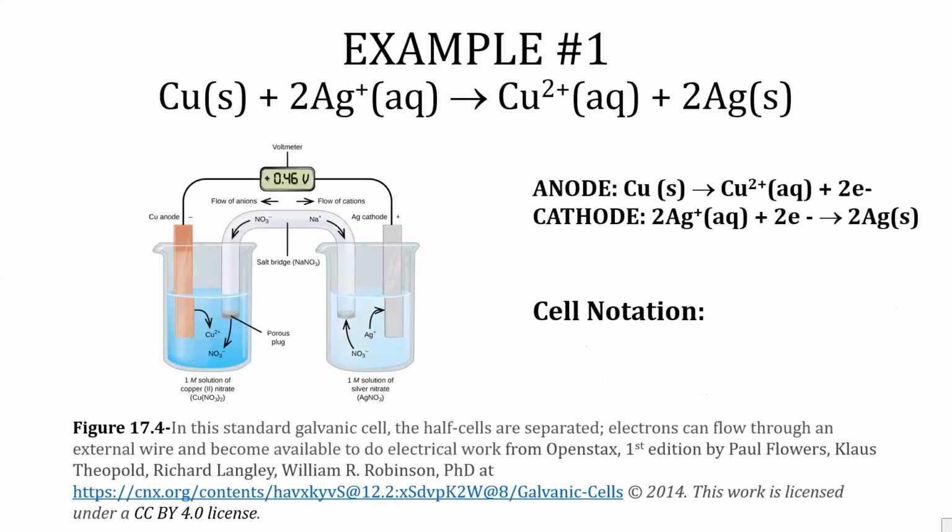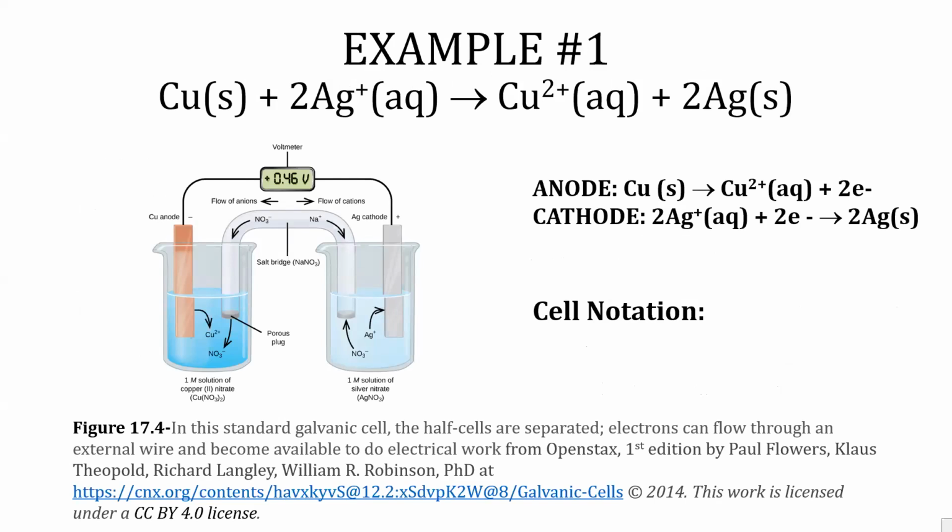The first example is solid copper reacting with 2 moles of aqueous silver plus to form aqueous copper 2 plus and 2 moles of solid silver. The anode half reaction is in the left half cell, and the right half cell contains the cathode half reaction.